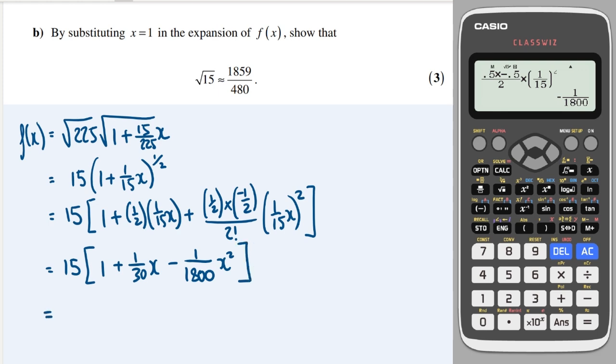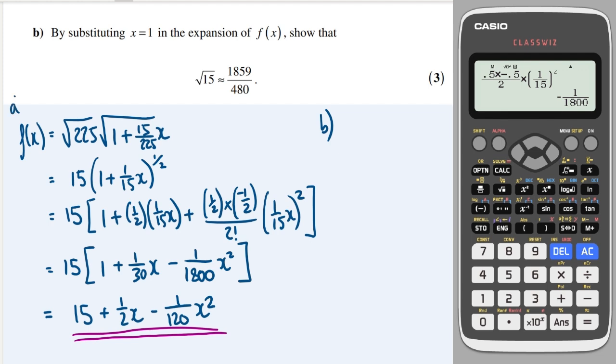Okay, now let's multiply through by 15. So that gives me 15 plus a half x, and this will be minus 1 over 120 x squared. Perfect.